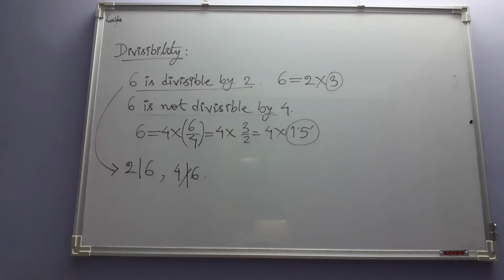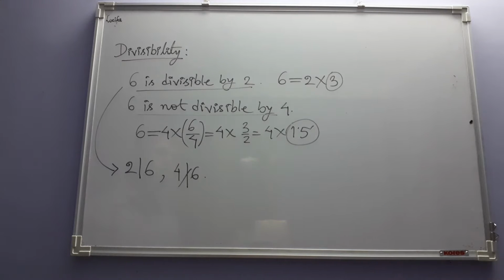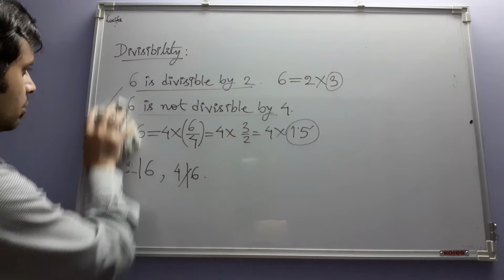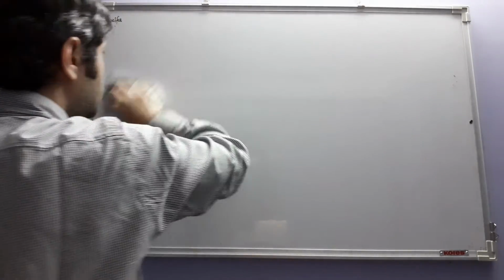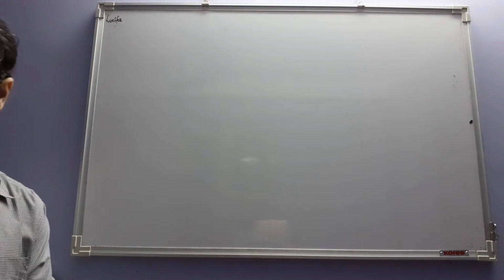So with this elementary concept of divisibility, we now want to prove something about divisibility that requires induction. That is also a statement that requires induction because it involves positive integers.